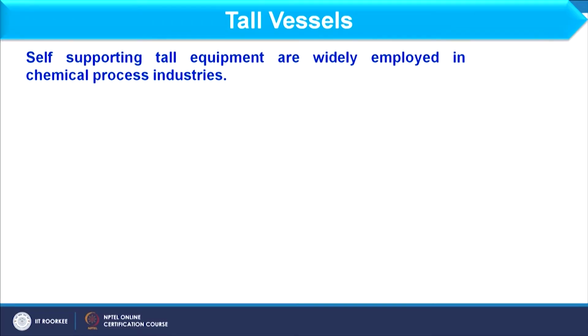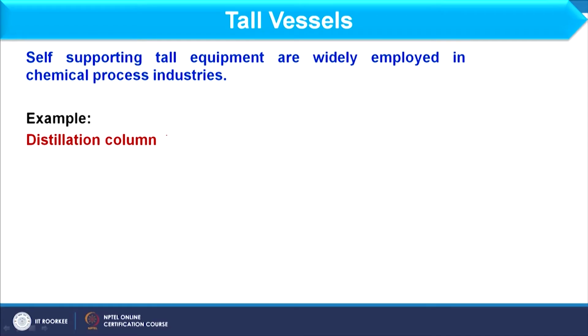So, let us discuss what tall vessels are. As I have already told you, the distillation column is a type of tall vessel, but first of all let us define what a tall vessel is. A tall vessel is basically tall equipment, and these types of vessels or tall equipment are self supporting. It means whatever conditions are generated in the support of these vessels are also a part of the design, okay, because unless the support is strong, the vessel cannot remain standing.